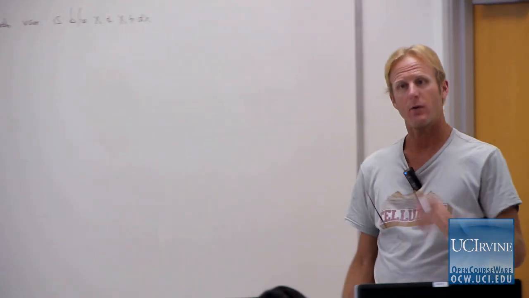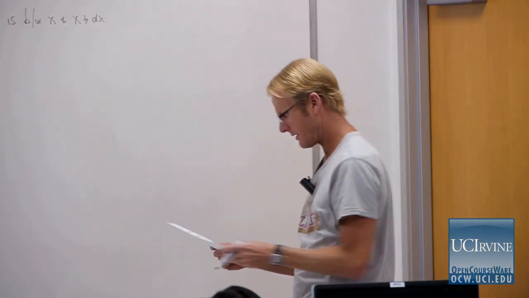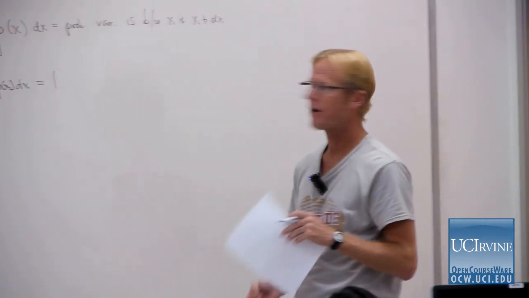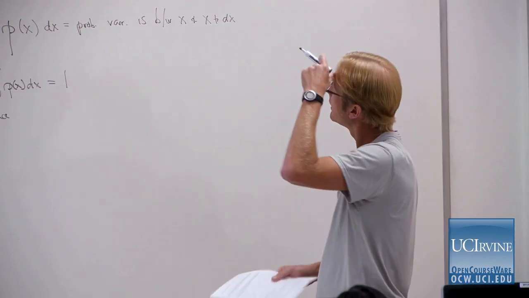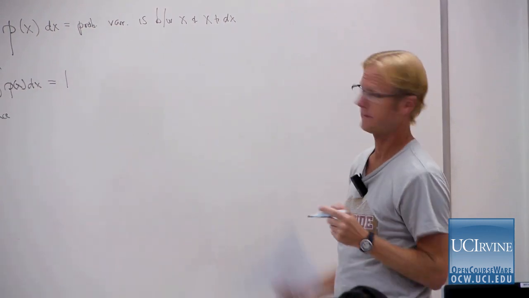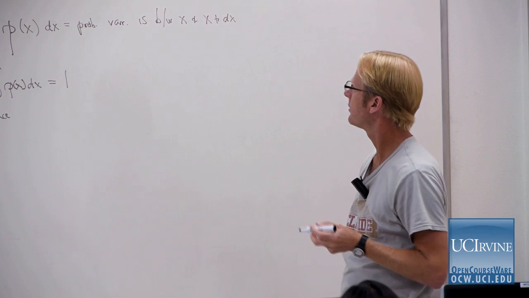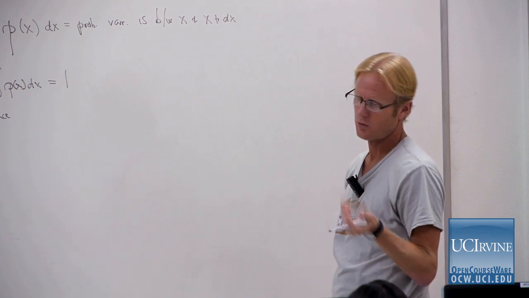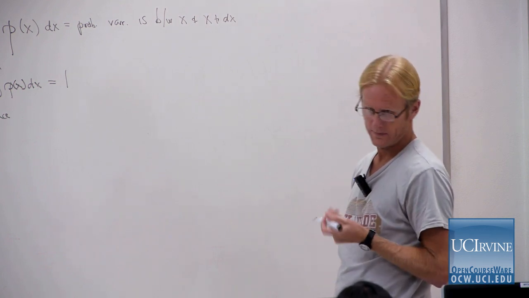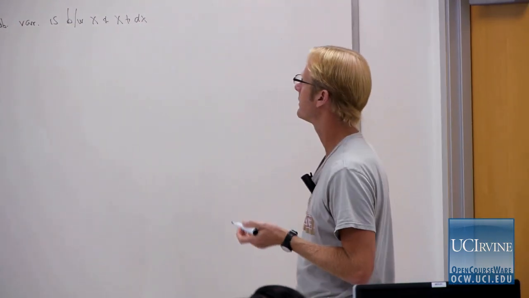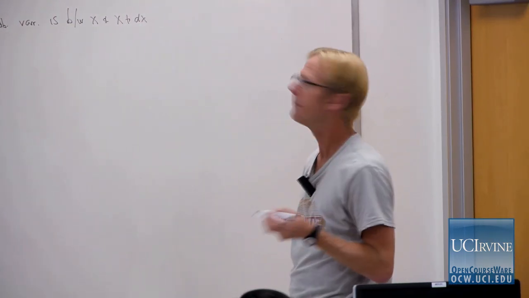Now, the next thing I want to introduce you to is how you actually calculate an average using such a continuous probability distribution. And those of you who are in 131A now know that the thing you call the expectation value in quantum mechanics is calculated this way.